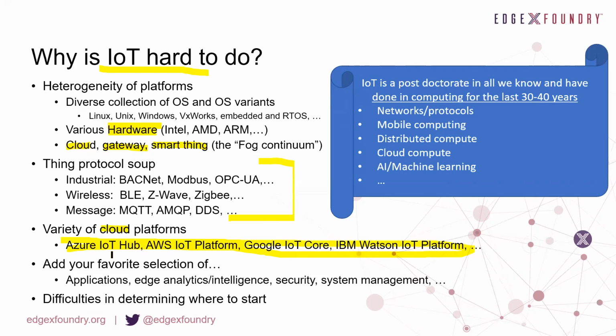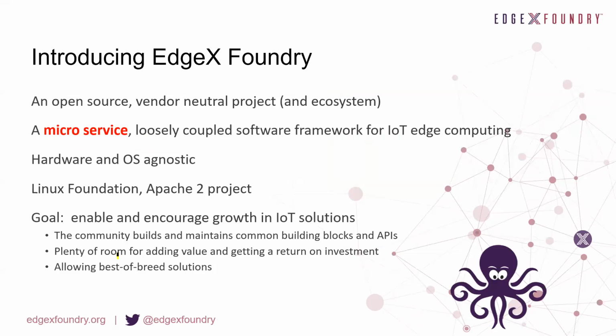So the way I like to try to introduce EdgeX then in regards to that IoT problem is that it is an open source vendor neutral approach to try to help simplify that IoT mechanism, that IoT PhD dissertation that we just described, at least at the edge. While we'll talk about how EdgeX can run from edge all the way to the cloud, it typically is focused at more of the edge where we see things connected and where we see things like gateways helping to manage those connected things.